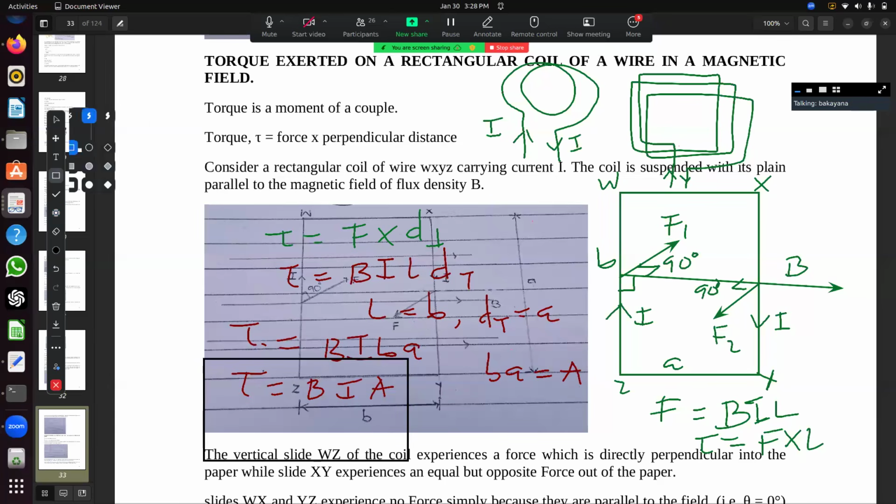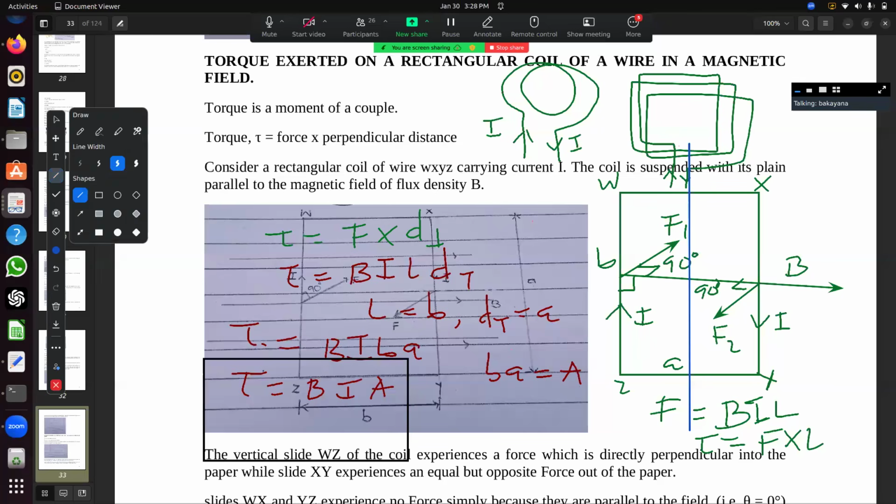So they cause the coil to rotate about the axis of the coil. Let me say the axis of the coil is this. So the coil will rotate in a particular direction, say clockwise for this case. As the coil rotates, we can calculate the torque exerted on this coil, and torque is force times the perpendicular distance.